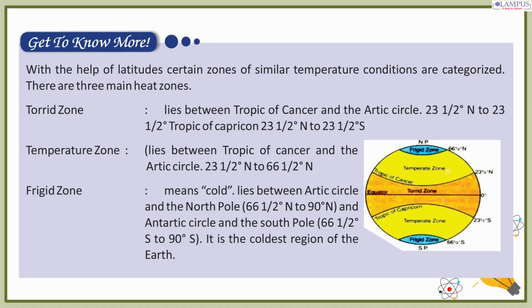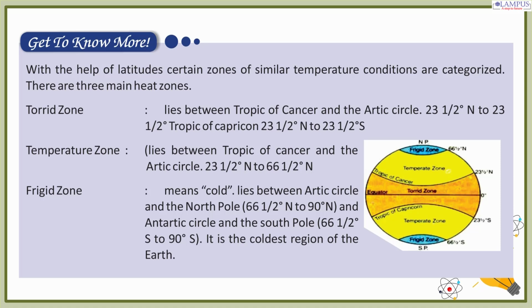There are 3 main heat zones. Torrid zone lies between Tropic of Cancer and Tropic of Capricorn, 23.5 degrees north to 23.5 degrees south. Temperate zone lies between Tropic of Cancer and the Arctic Circle, 23.5 degrees north to 66.5 degrees north.